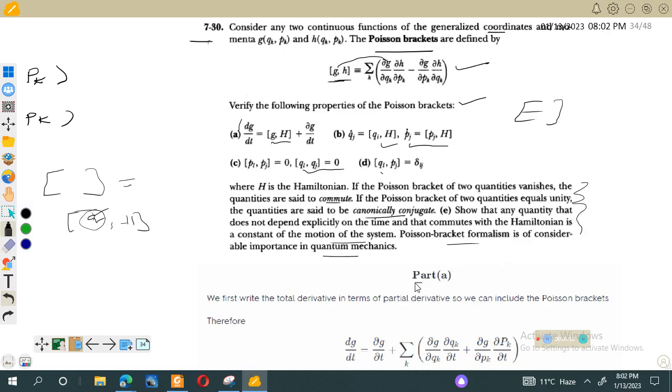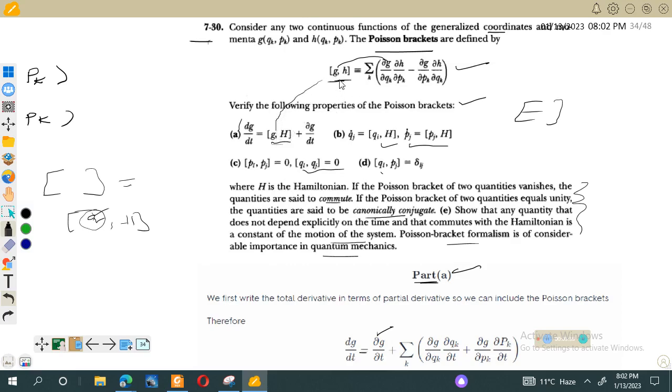So we should start from part A. Very first part: dg over dt is equal to the bracket of g and h plus partial g over partial t. Here we should compare these two relations.